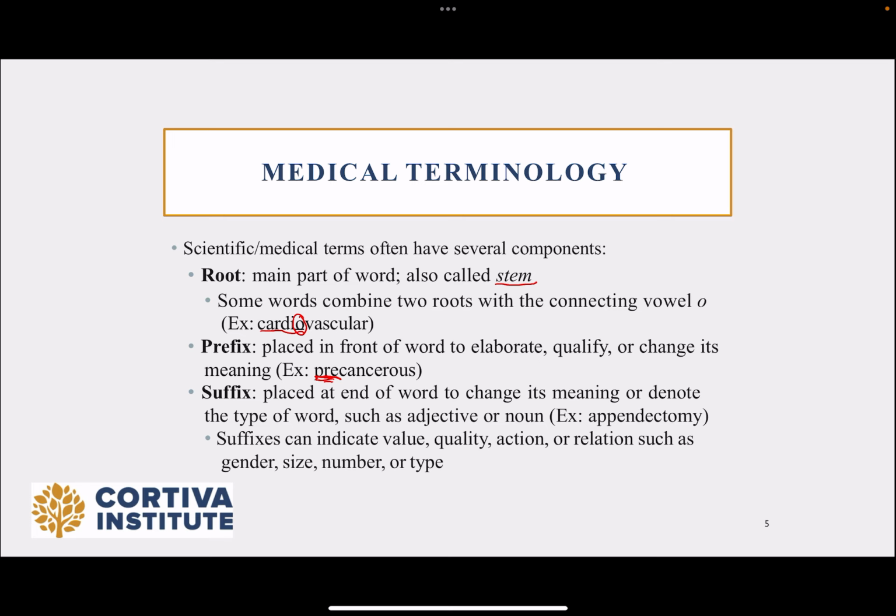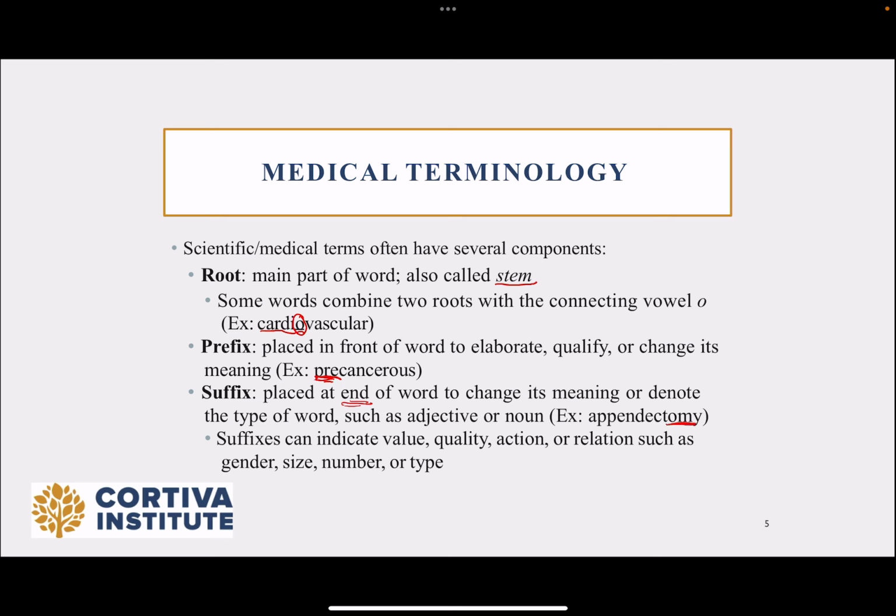Our suffixes are going to change the meaning of the word at the end of the word, so a big emphasis on the end. This is going to change the word's meaning. It could change an adjective or a noun. For instance, appendectomy, in which the suffix would be ectomy.